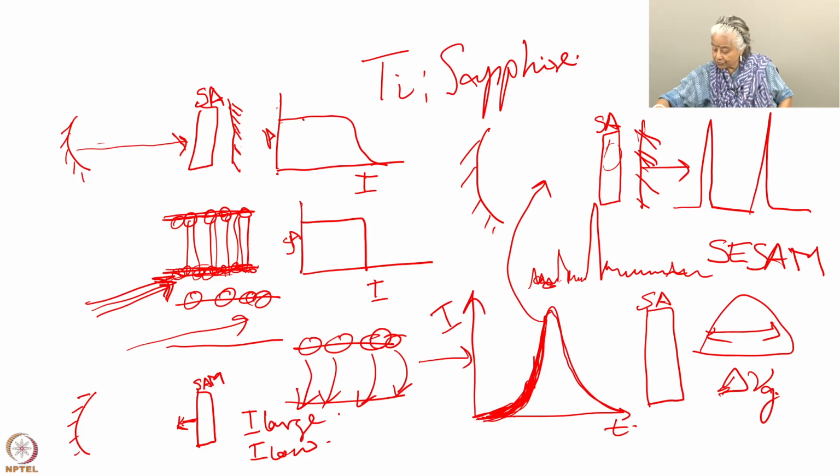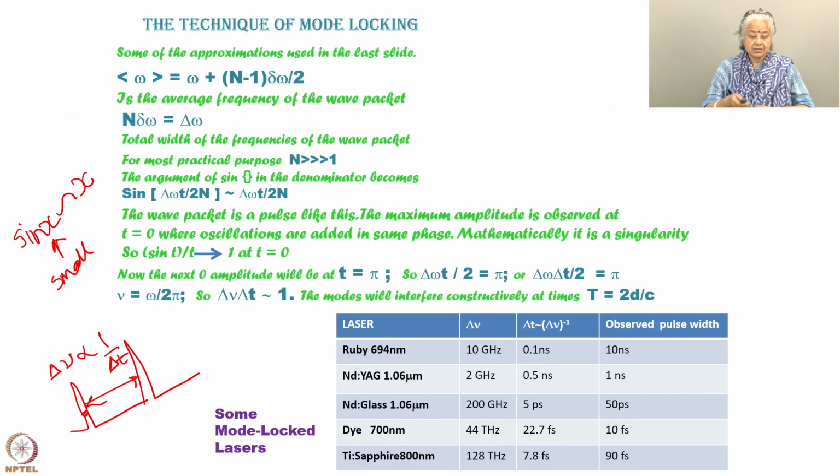Let me give you that table, I'll go back to the previous slide. See here, these are some mode locked lasers. I've given ruby lasers and delta nu, the bandwidth, the number of modes locked, or the gain medium bandwidth, whichever way you look at it.